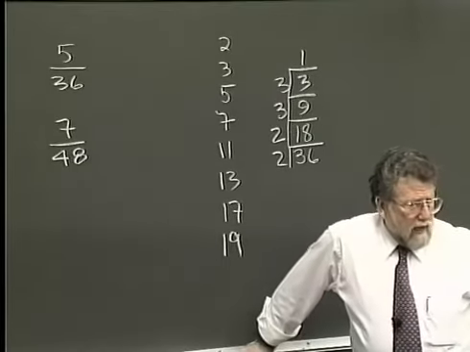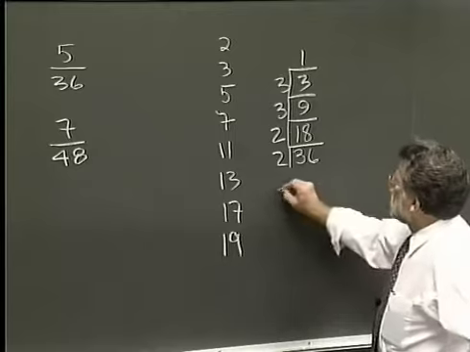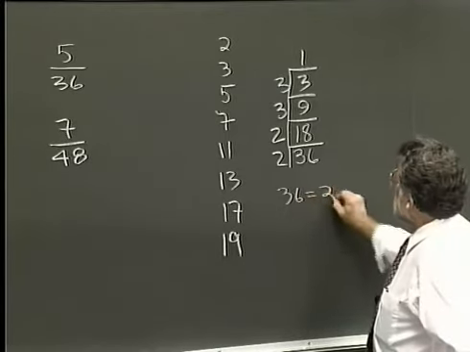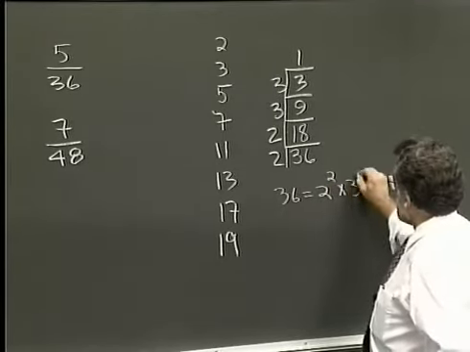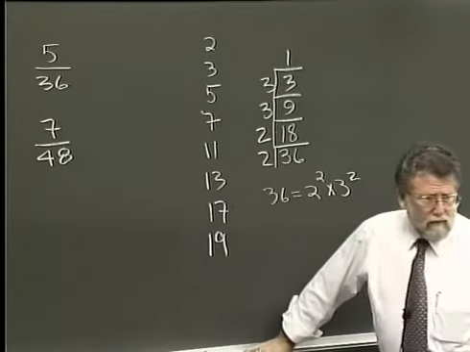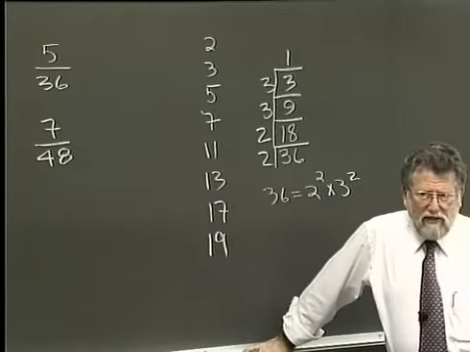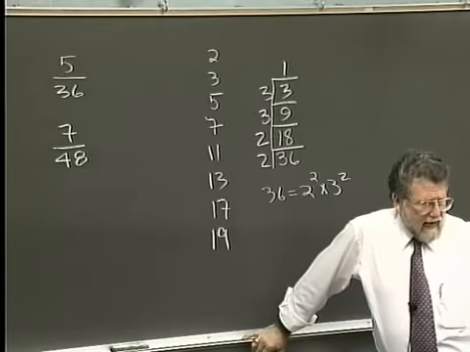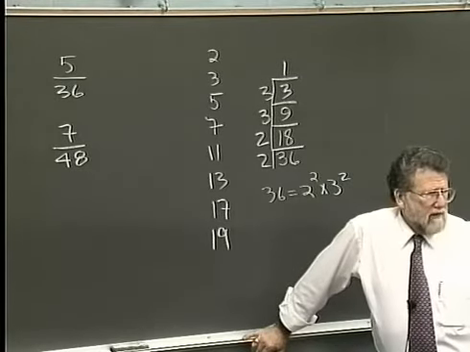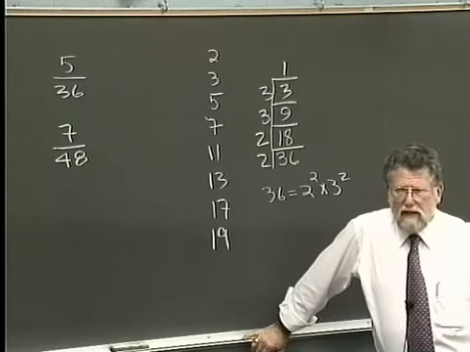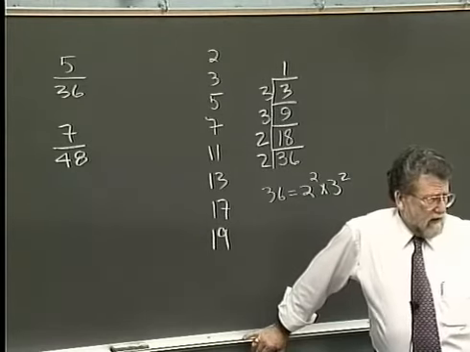It's part of your background. That means I can then write 36 as 2 to the second and 3 to the second. Writing a composite number as a product of primes using exponents. Every Math 10 student coming out of Math 10 does that blindfolded nearly.